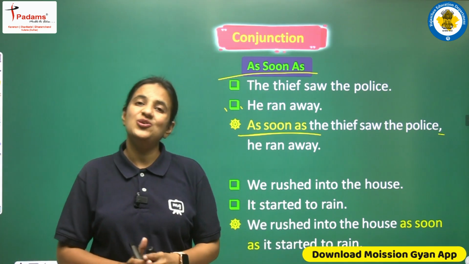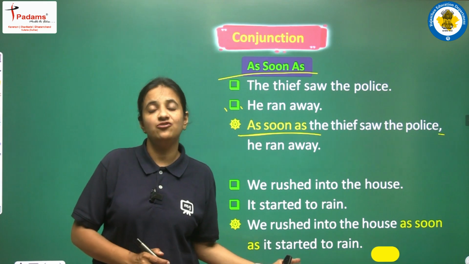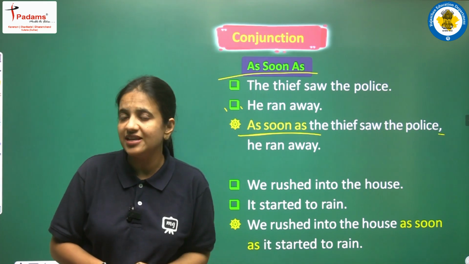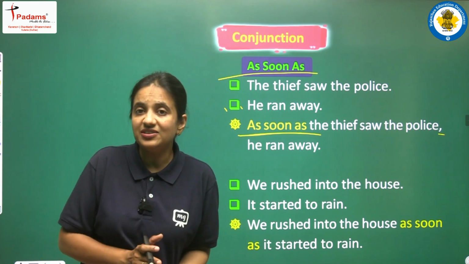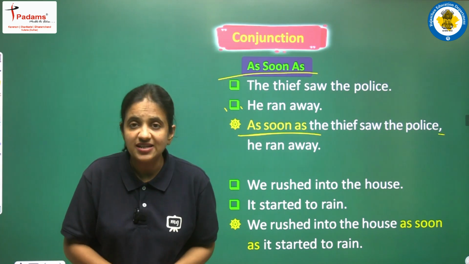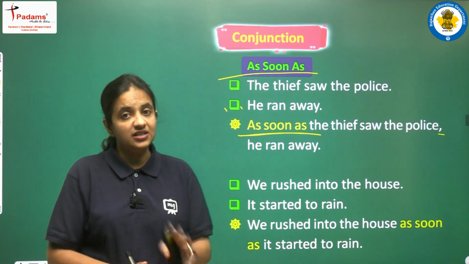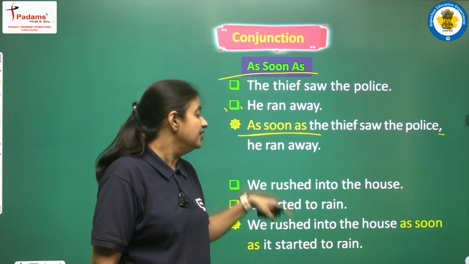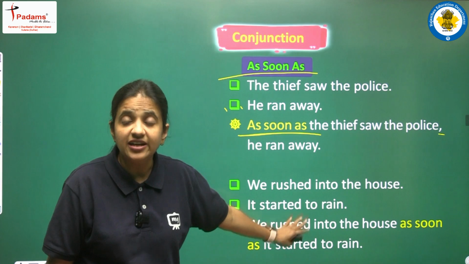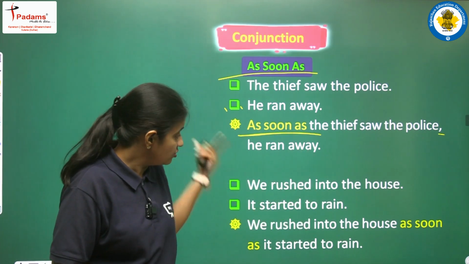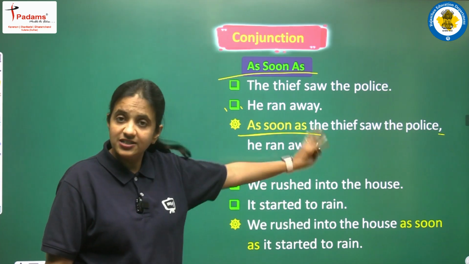So here, students, you have to read the sentence very carefully, do a proper analysis and a proper comparison of the sentence, and then try to understand what action can be there first. Here it is very clear that first of all it was raining, and because of that, as a result, we rushed into the house.